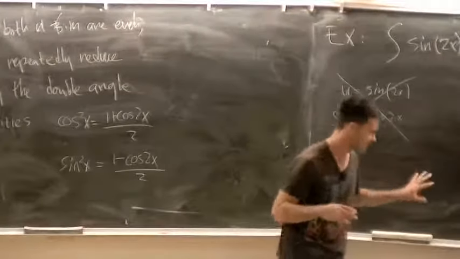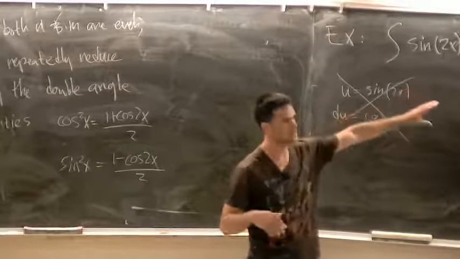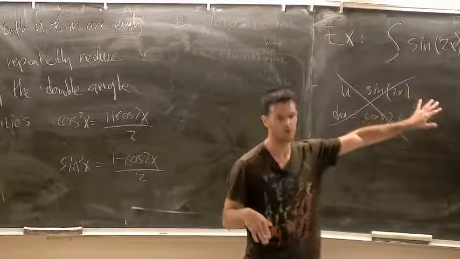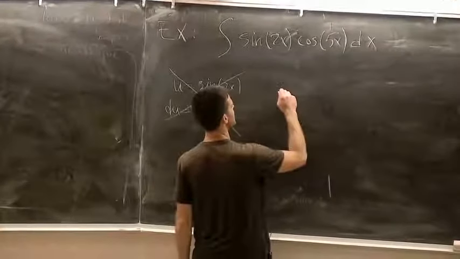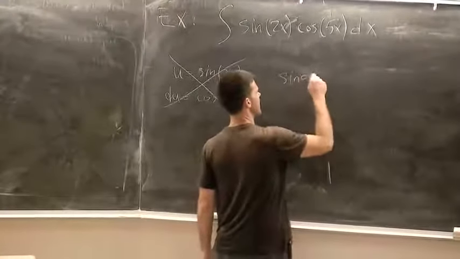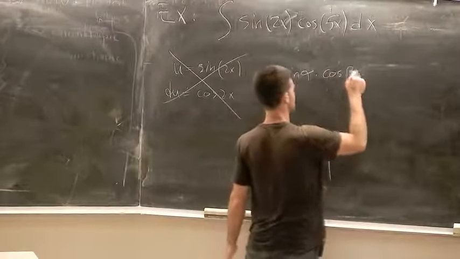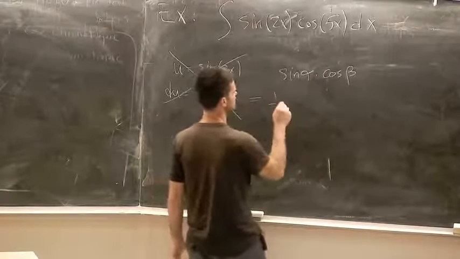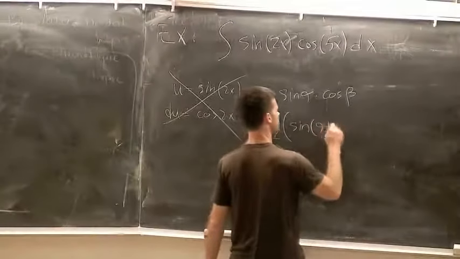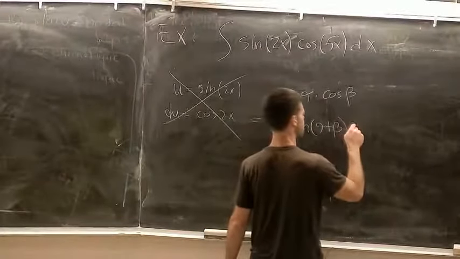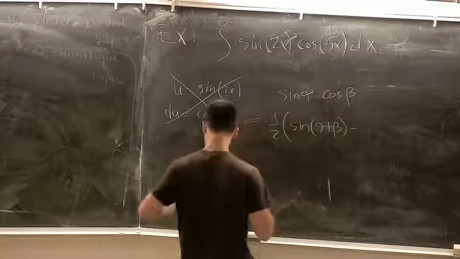So there is a tricky identity that if you happen to know about it, it would help you solve this. I had to look this one up, but there is an identity that says sine alpha times cos beta is 1/2, it's like sine of alpha plus beta. Did I write it down? What the hell is it?